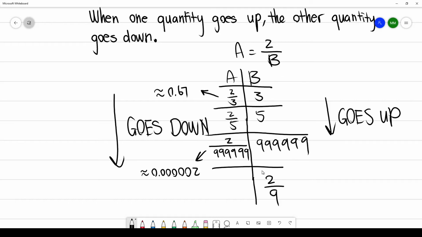But what is a when b is equal to 2 over 9? So I want you to find a.